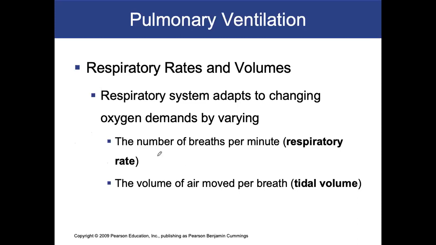So normal respiratory rate is about 12 to 20 breaths per minute, and the average volume of air that a person moves is around 500 mils. And so think about if you were running, how would that change? Respiratory rate would increase, and your tidal volume would increase. The volume of air moved per breath is your tidal volume.